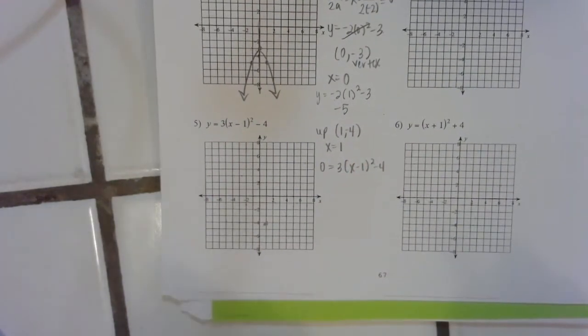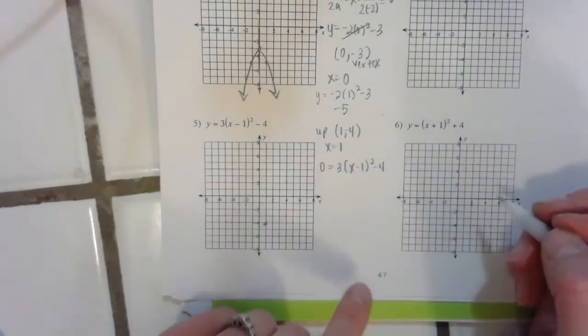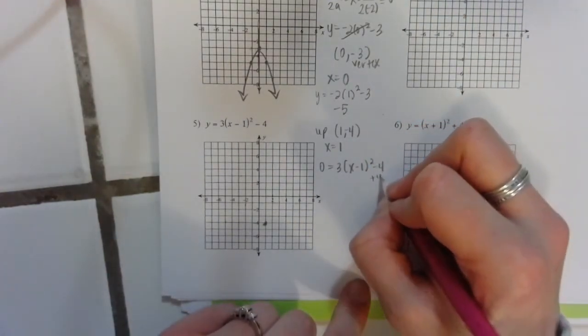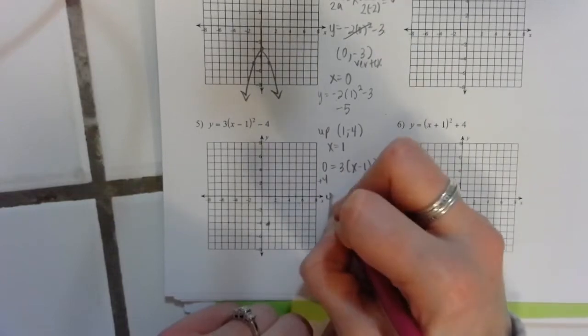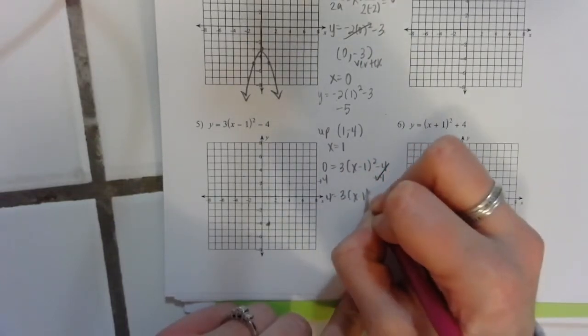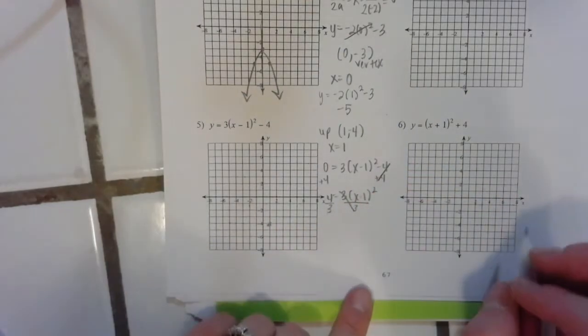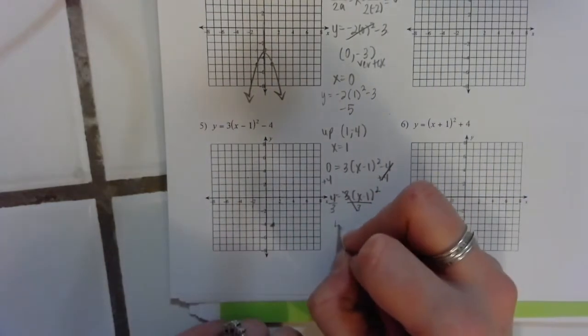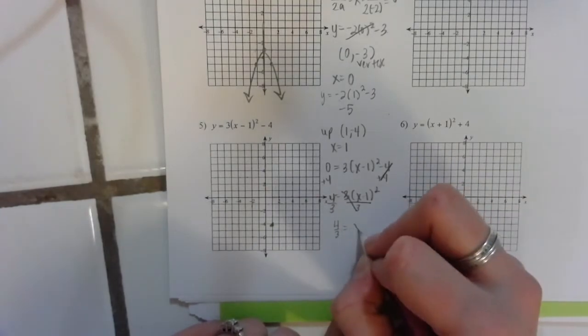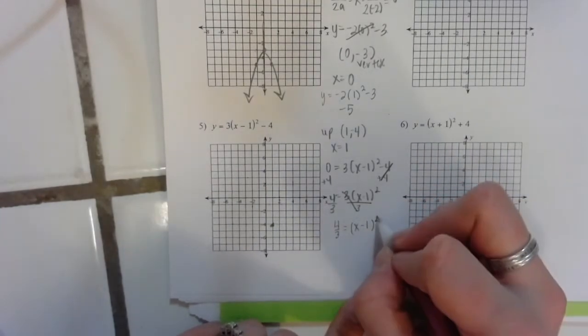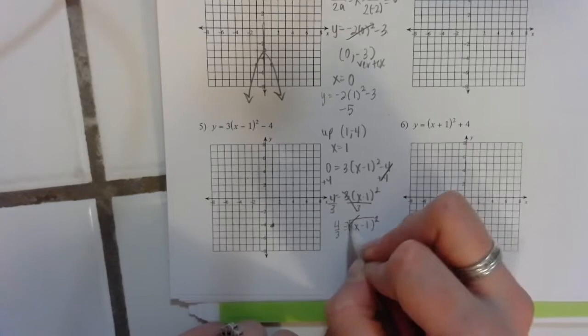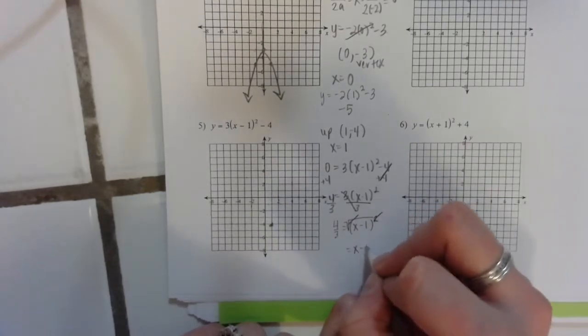Okay, so we are going to solve for x, the same thing that we did before. So we're going to start by adding 4 to each side. And we have 4 equals 3 times (x minus 1) squared. Divide each side by 3, which will be a decimal, it's fine. So now we have 4/3 equals (x minus 1) squared. In order to get rid of the square, we do the opposite, so we square root to get the x minus 1 by itself.